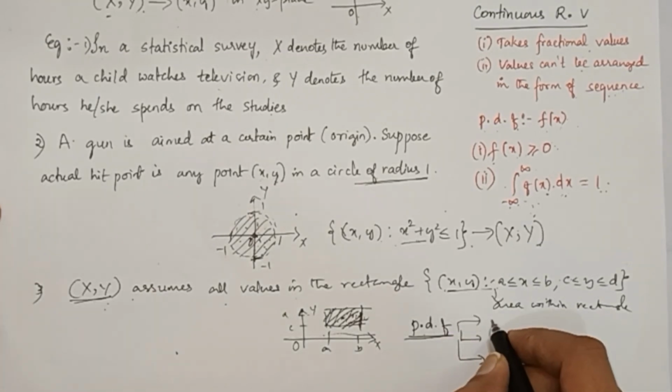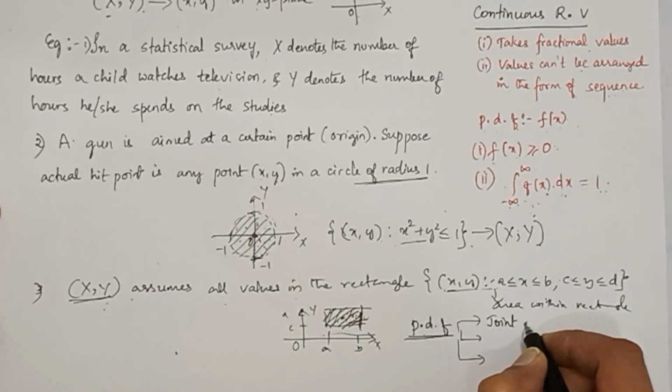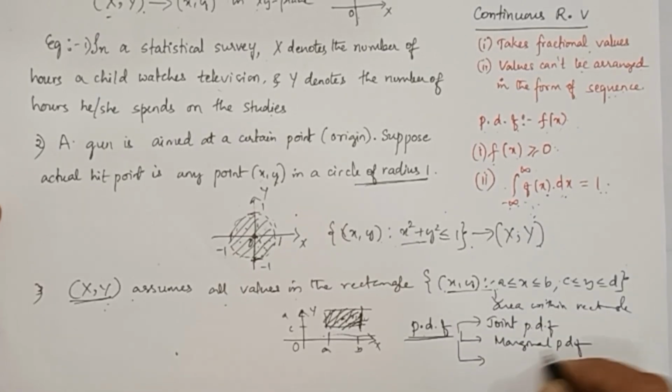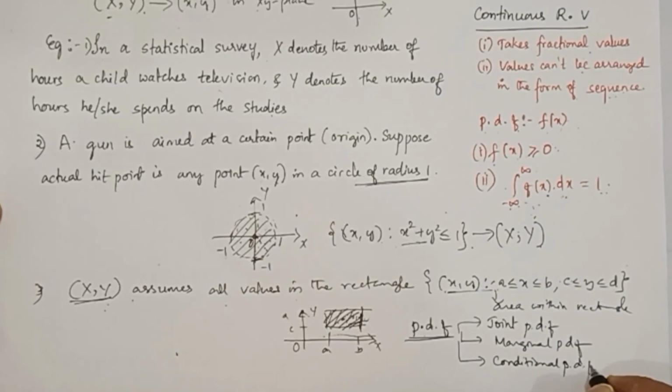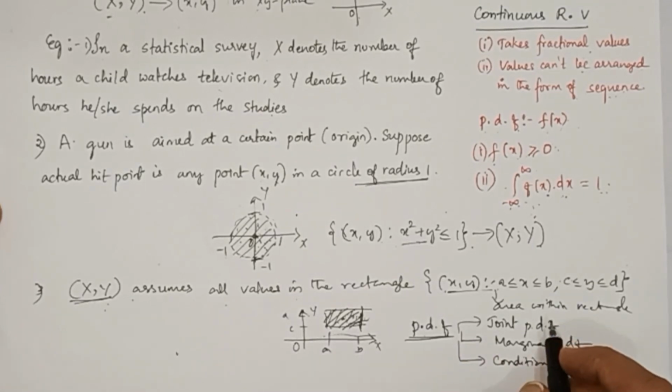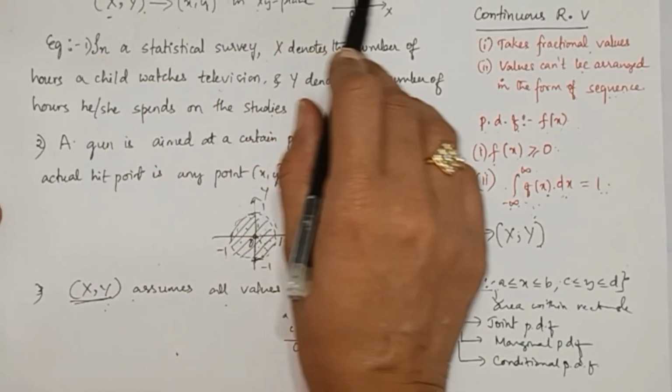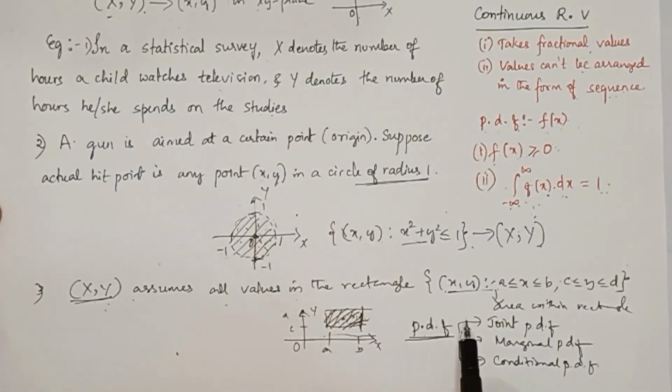One is the joint probability density function, another is the marginal probability density function, and one more is the conditional probability density function. These give you the probability distribution of bivariate continuous random variables. Let us see all these density functions one by one.